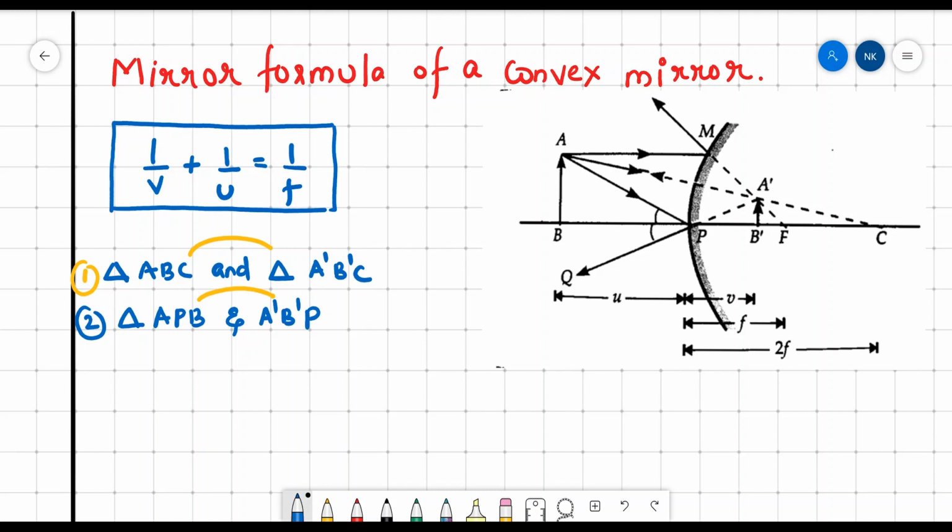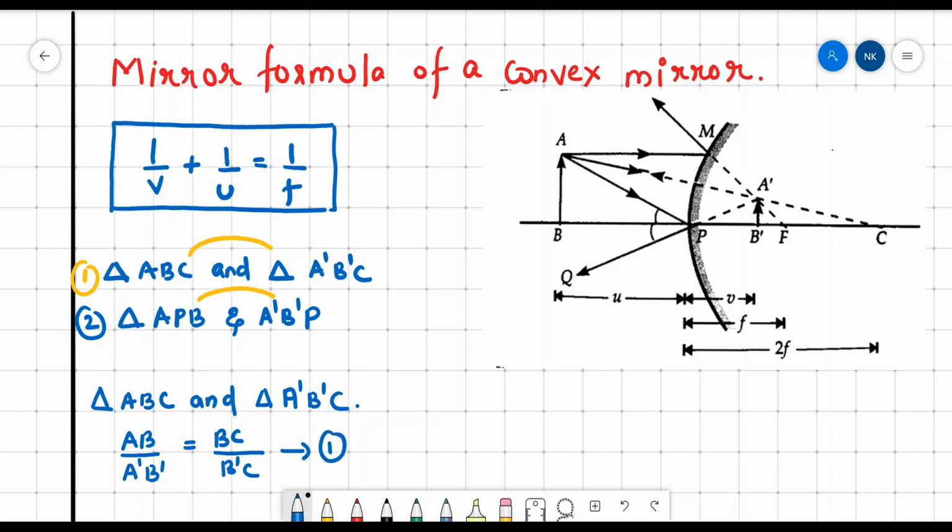Let us consider first triangle ABC and triangle A dash B dash C. From these, I can say that AB upon A dash B dash should be equal to BC upon B dash C. Let this be equation number one.